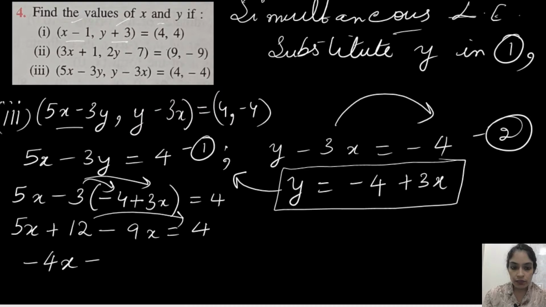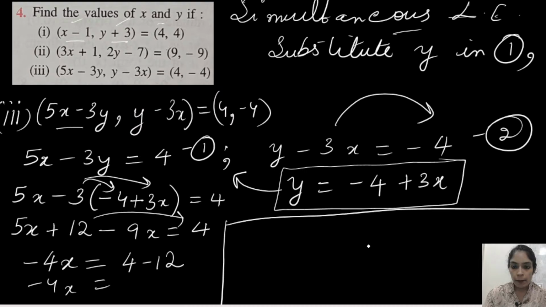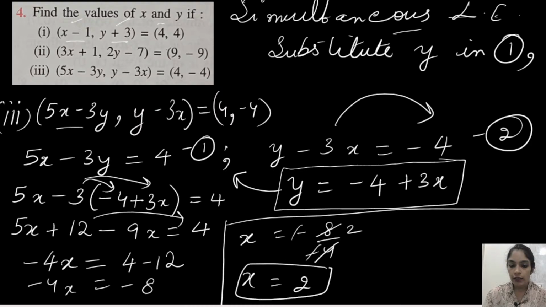This 12 we will shift to the other side, and it will become minus 12. Now minus 4x is equal to minus 8. So x is equal to minus 8 by minus 4. Minus and minus get cancelled. 4 into 1, 4 into 2. So the x value we have found is 2. Yes, x is 2.